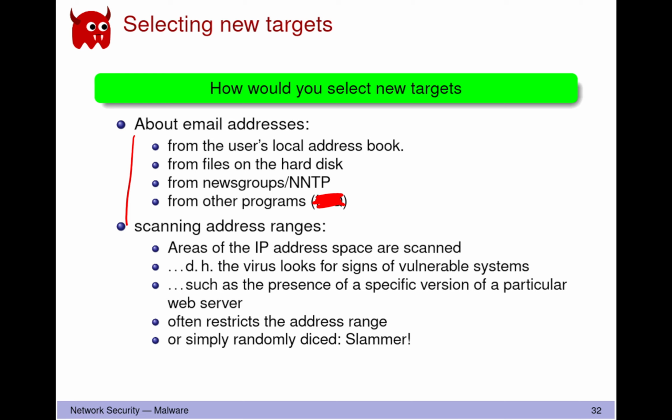But you can also scan IP addresses, either in the IP range that you are in, so in the same subnet, and then look for vulnerable systems. Maybe also look for vulnerable specific versions of particular servers, programs, or just randomly create a random IP address and then try it out, whether it works or not.